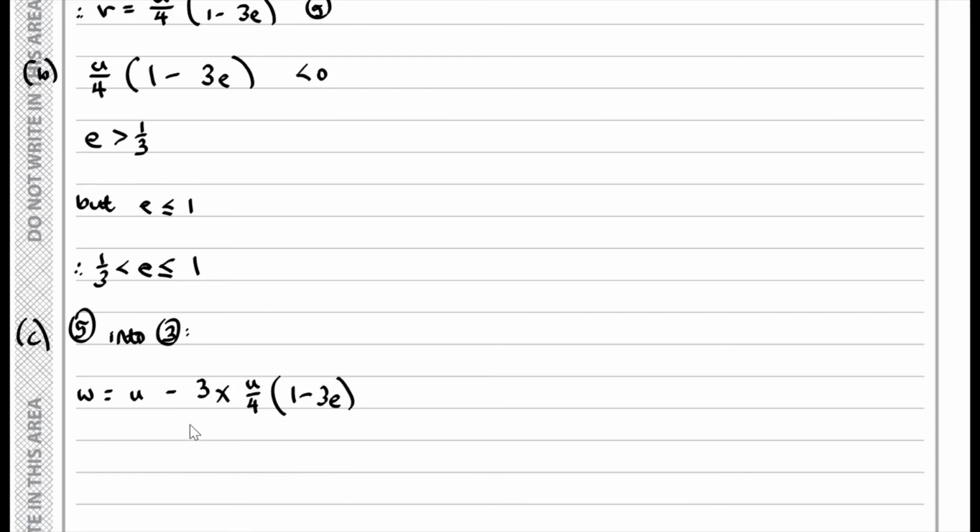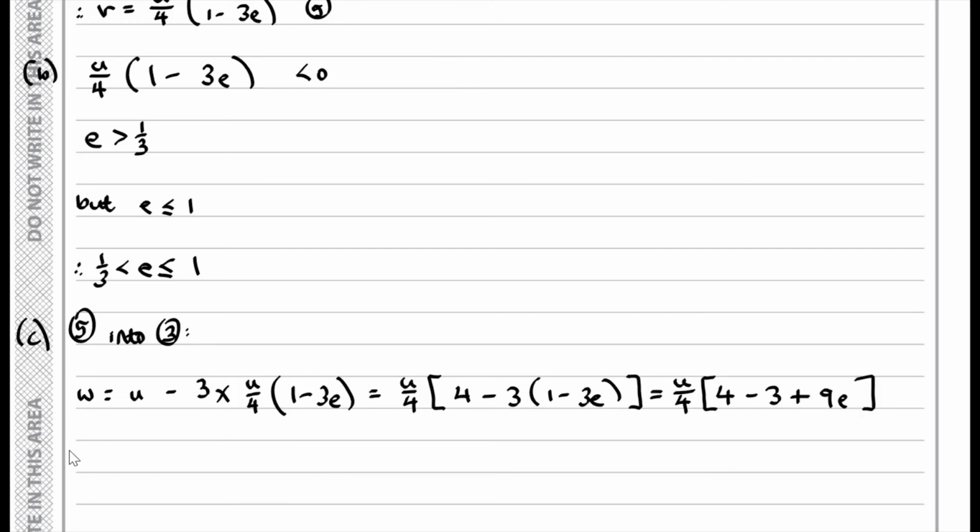If we factorize out a u over 4, we have u over 4 lots of 4 minus 3 lots of 1 minus 3e. So we have u over 4 lots of 4 minus 3 plus 9e. In conclusion, w is equal to u over 4 lots of 1 plus 9e.